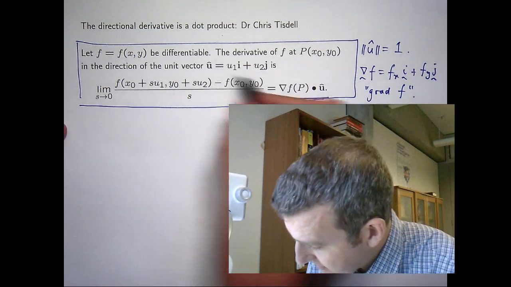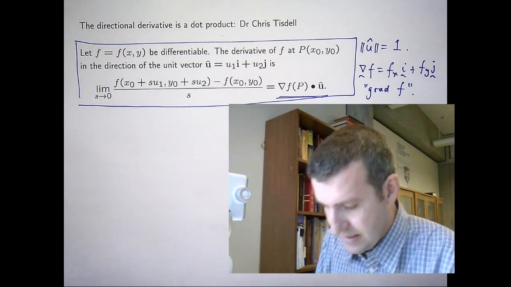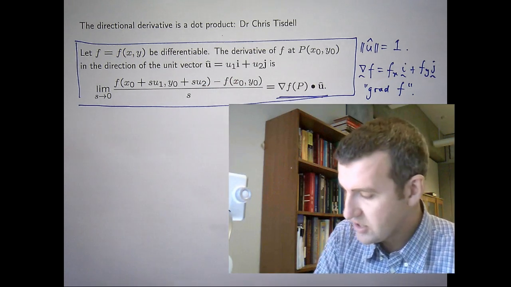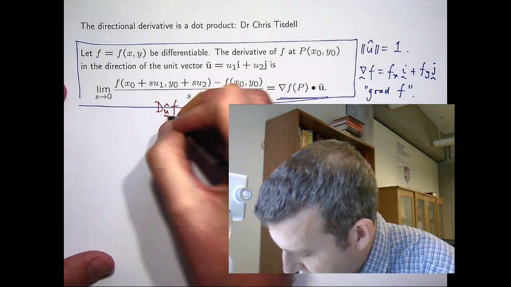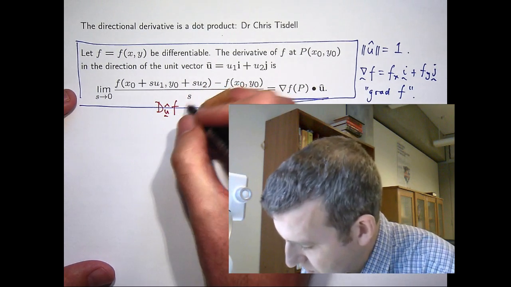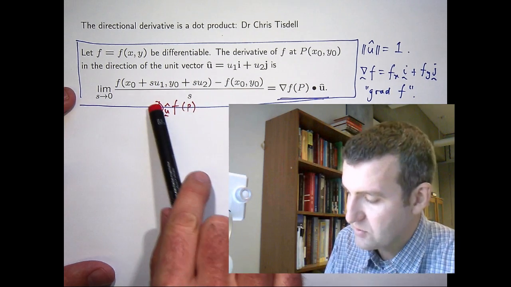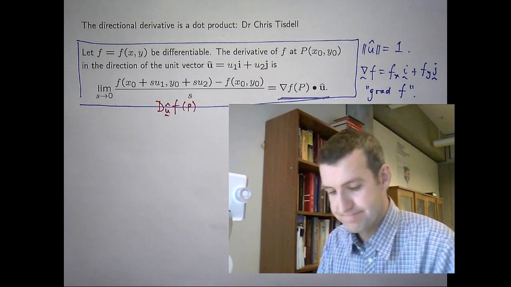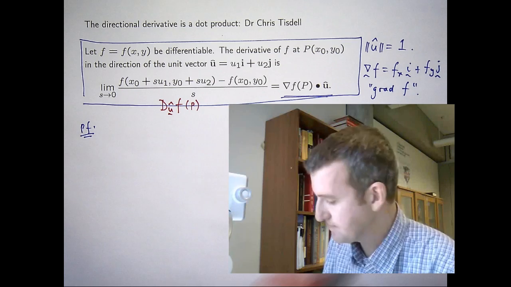Oh, actually before I get to that, in some of my previous videos and in some of the literature, the notation for the directional derivative of a function f in the direction of a unit vector u at a point, say P, is just this sort of D_u f(P).